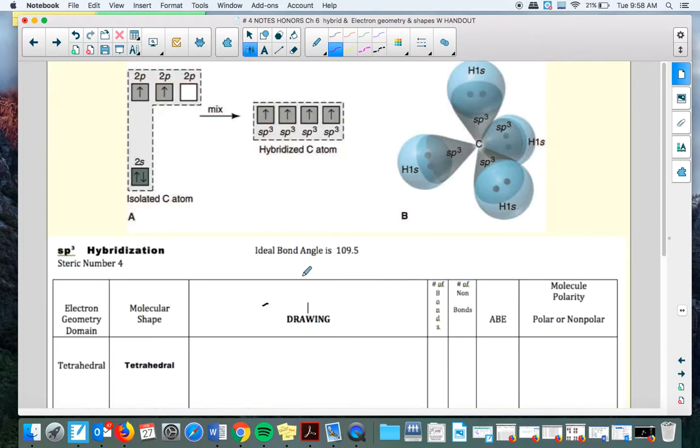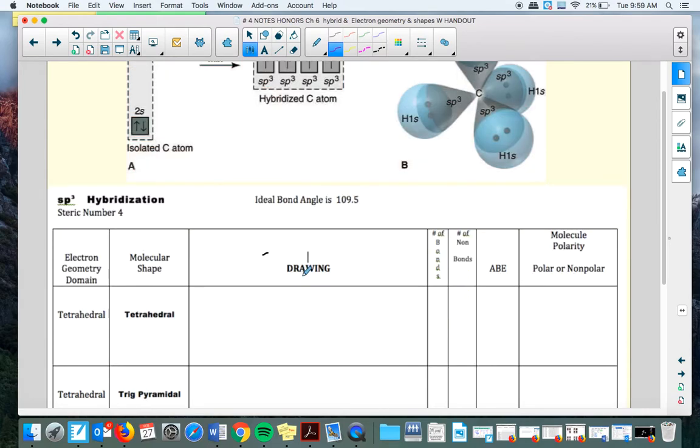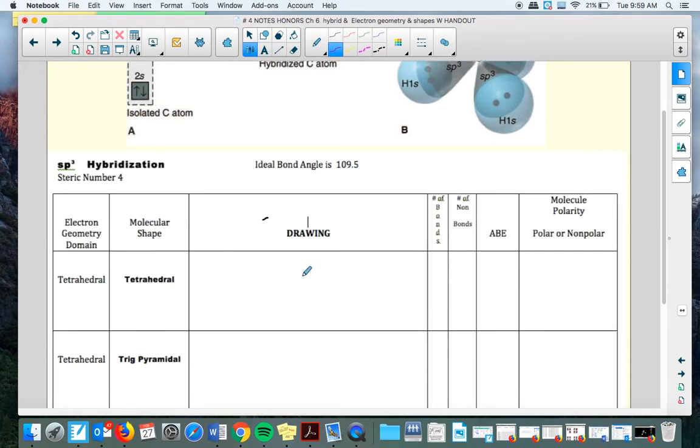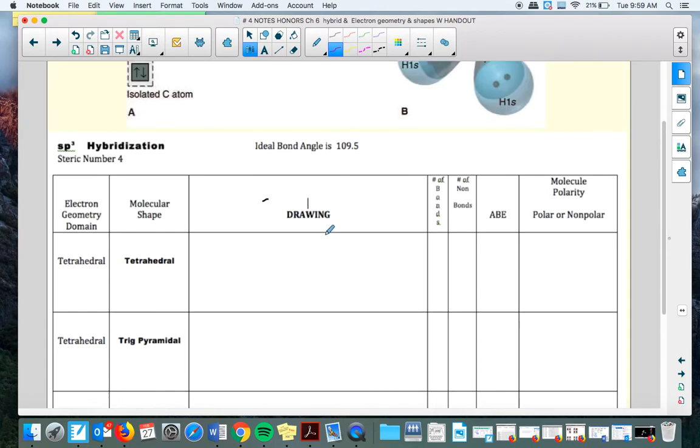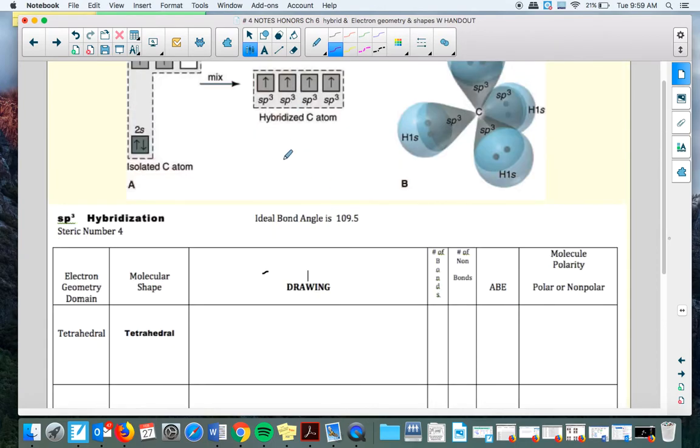So I'm going to have you guys fill out this sheet with me. And what it's showing us is a lot of different things. I'll just kind of explain it as we go. One is electron geometry. These are all tetrahedral, and that is because we're talking about this sp3.